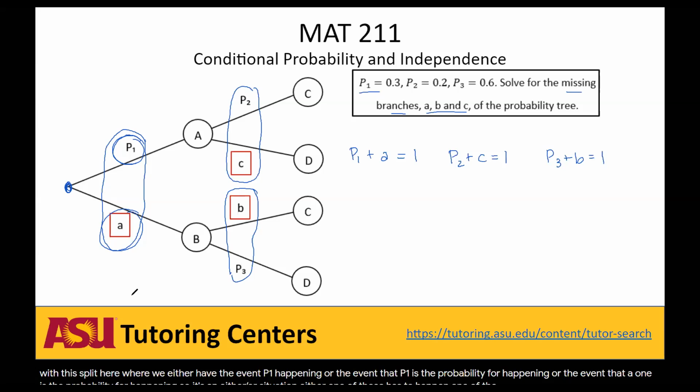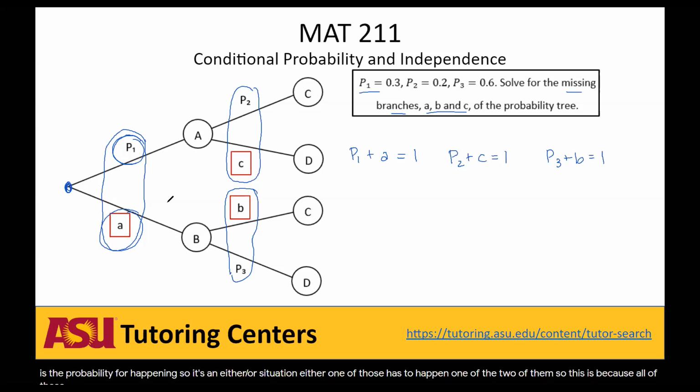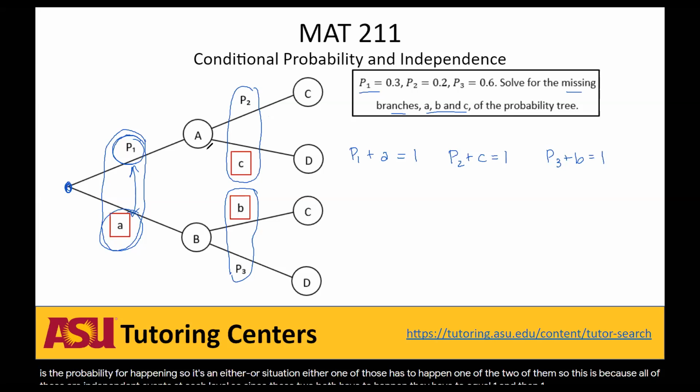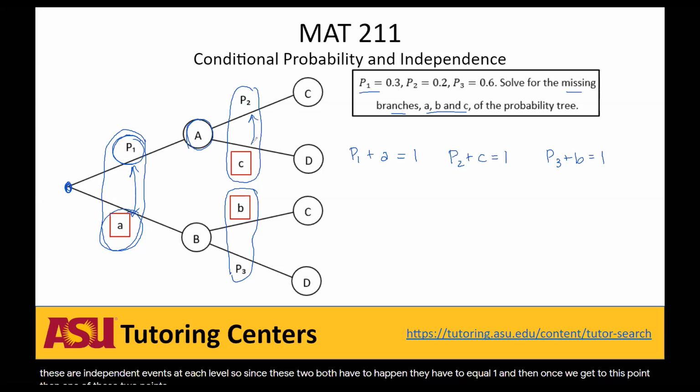One of the two of them has to happen, because all of these are independent events at each level. Since one of these two has to happen, they have to equal 1. Then once we get to this point, one of these two events has to happen. And likewise, one of these has to happen.